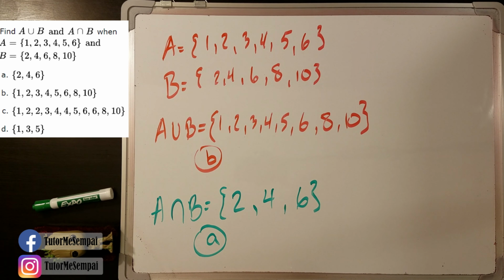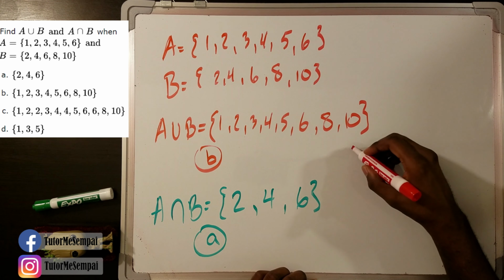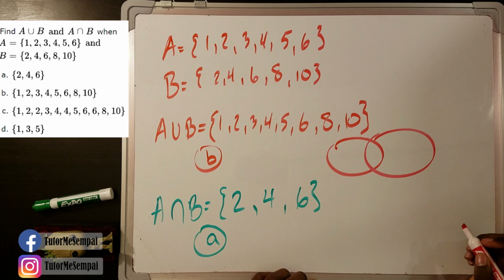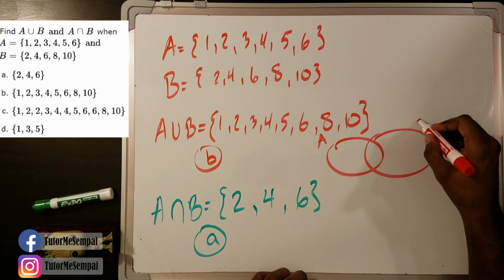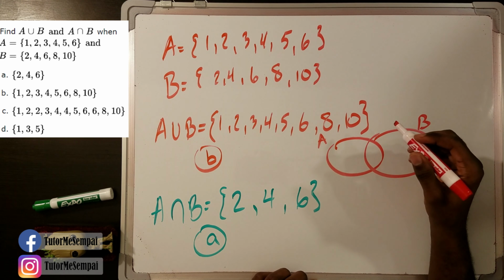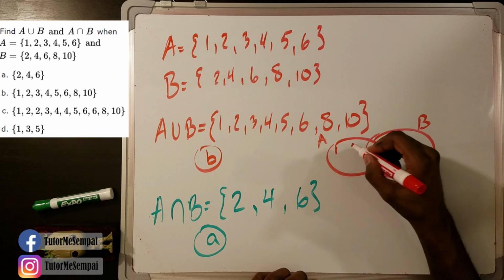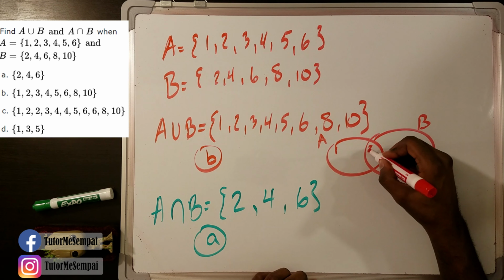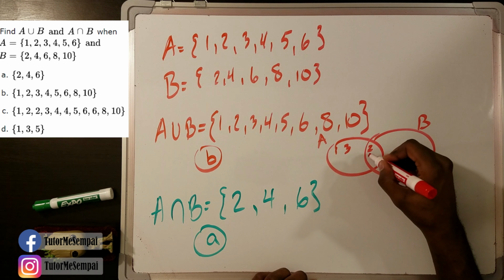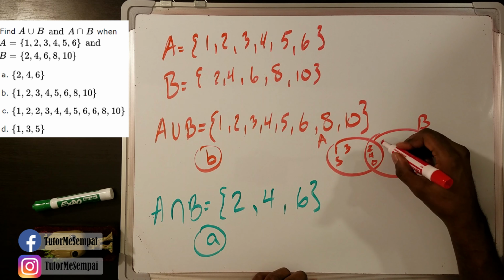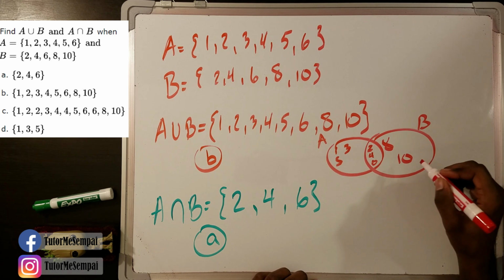So we're going to graph this with our Venn diagram, and we're going to have two circles, right? And this is going to be A, this is going to be B. And what's going to be in all of these? Well, we have 1, 2, 3, 4, 5, 6, 8, 10.